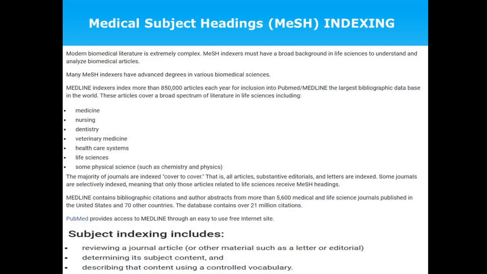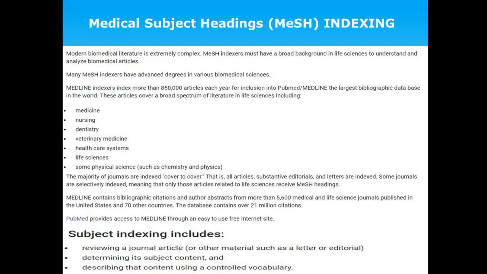So first the indexer reviews the article thoroughly, and then determines the subject content. Yeah, this article is talking about diseases related to the heart or something like that. And then, after determining the subject content, he uses the appropriate term to represent it with the help of a controlled vocabulary, that is, medical subject headings.